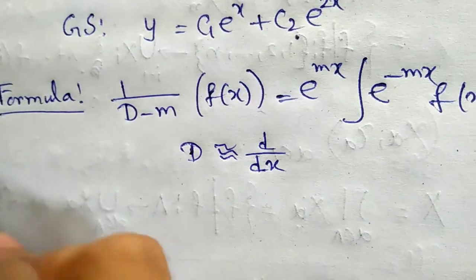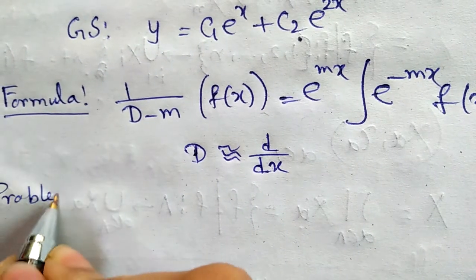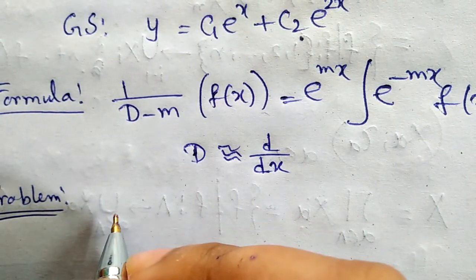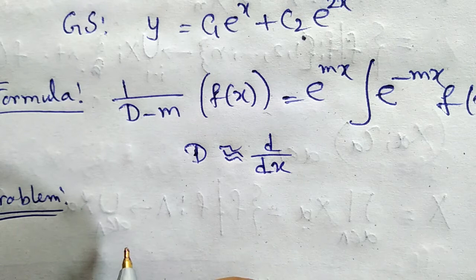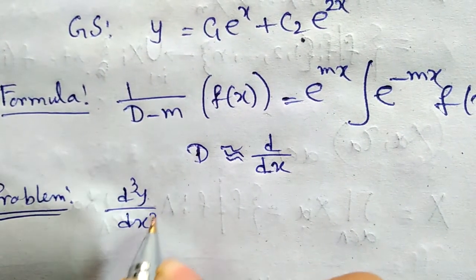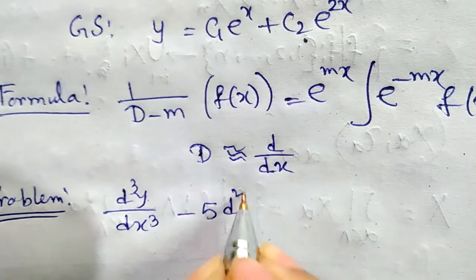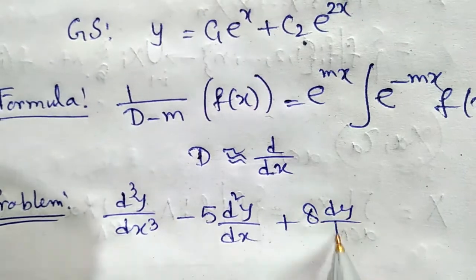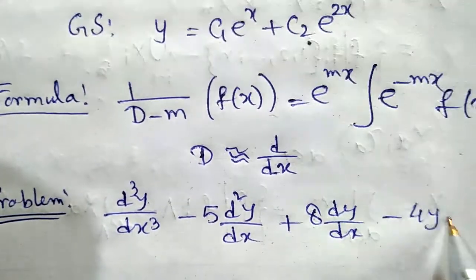Okay, so coming to a problem. I'm writing the previous class problem, that is d3y/dx3 minus 5 d2y/dx2 plus 8 dy/dx minus 4y equal to e to the power 2x.